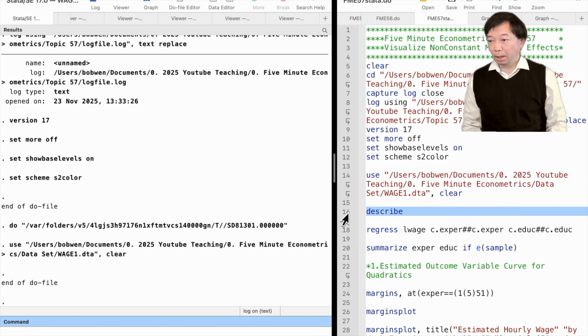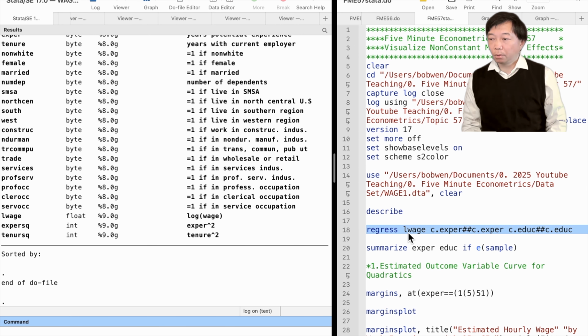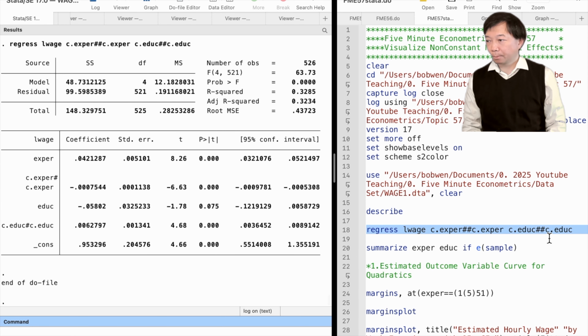Take the model that relates hourly wages to work experience and education as an example. When we use the quadratic terms of years of experience and education in the regression model, the fitted curve is not a straight line. The estimated hourly wage increases with experience at a decreasing rate.